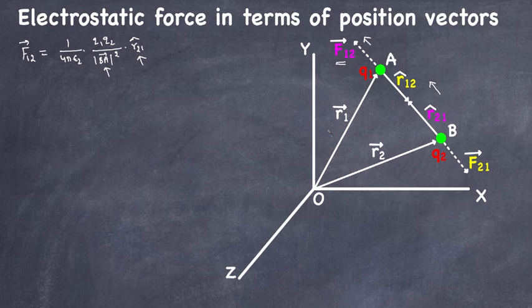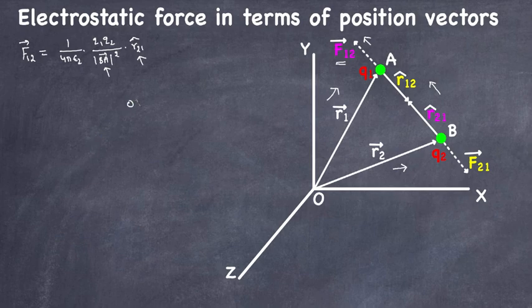So what we're going to do is use the vector law of addition. So here vector OB plus vector BA is equal to vector OA, that is their resultant vector. So vector OB is in this direction, BA is in this direction, and the resultant vector is going to be in this direction, the opposite direction of the other two.